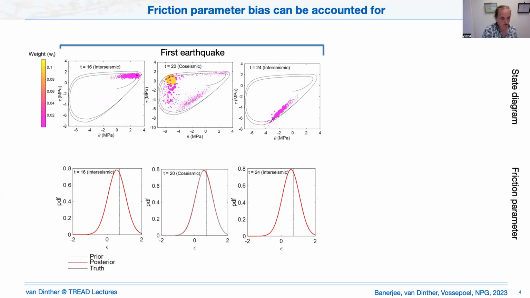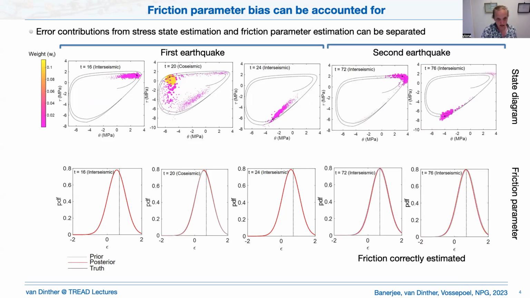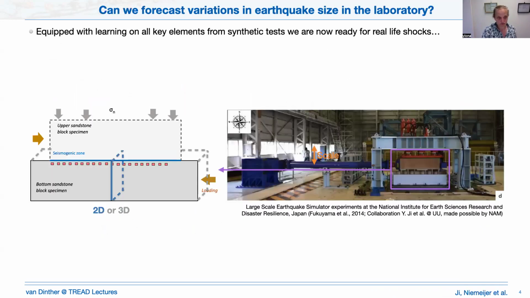So even at the first earthquake here, you can start to estimate that friction parameter a bit. And if you look at the second one, that fit for estimating the friction parameter is improved quite a bit. So you can separate both stress and friction, which is very good news, I would say.